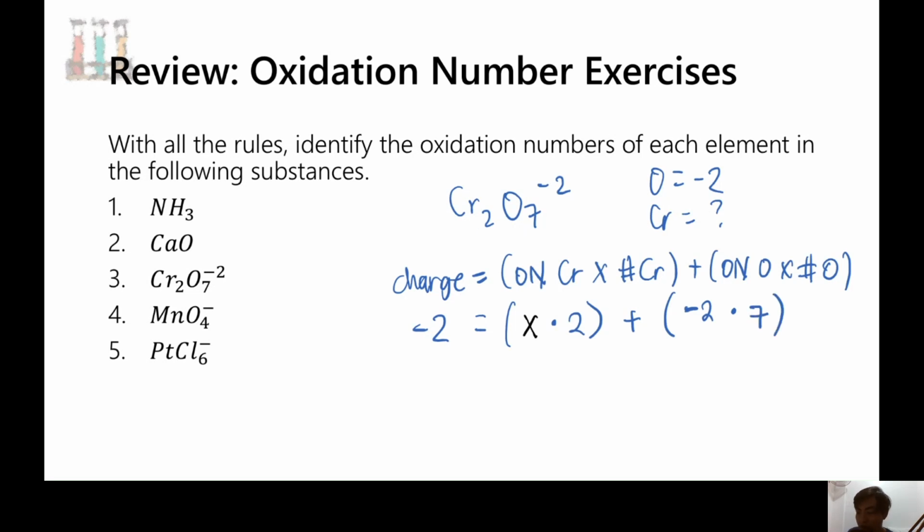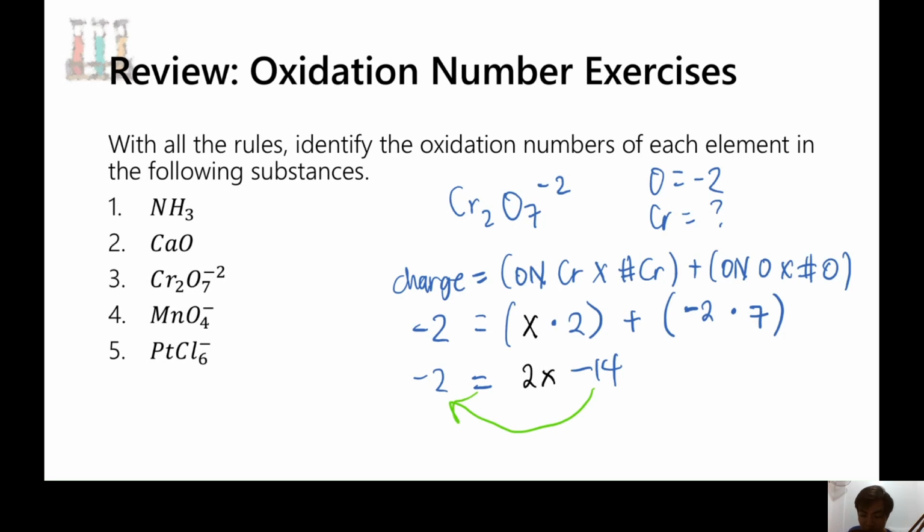Dami, no? So let's solve for x na. So this is negative 2. 2 times x is 2x, plus negative 2 times 7, negative 14. Okay, so negative 14 ko na. Solving for x, itong negative 14, lipat ko sa kabila, it will become positive.